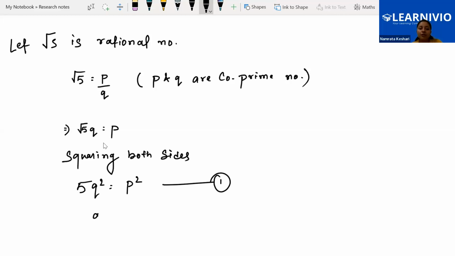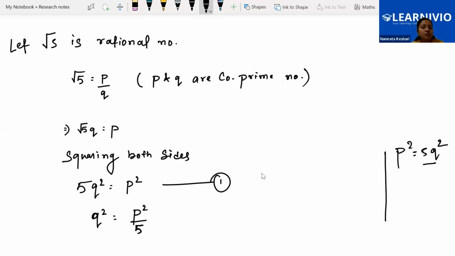However, we can also write it as q square equals p square by 5. And then we can say that 5 divides p square. Yes or no? Because it is visible now. Previously, there was a chance that you would get confused when we were writing p square equals 5q square.